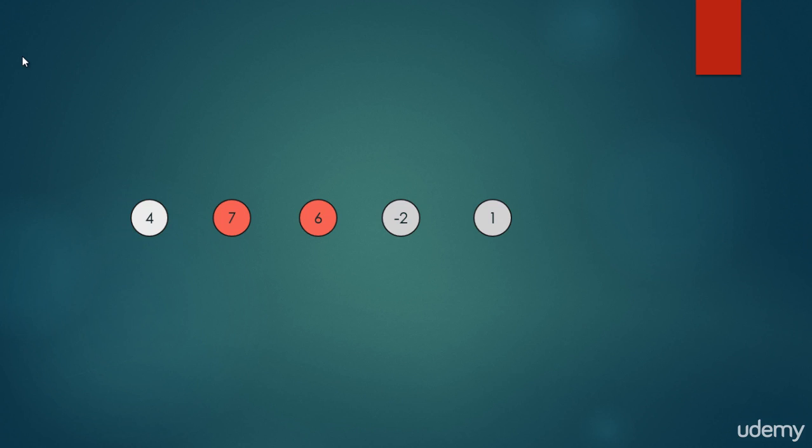Okay, and we hop to the next two adjacent items, and 7 is greater than 6, so we swap them too. Then we compare 7 and -2, and we swap them accordingly, and compare the last two.